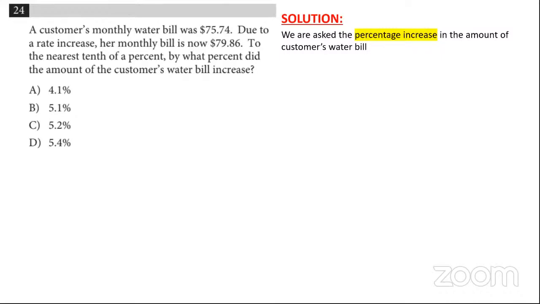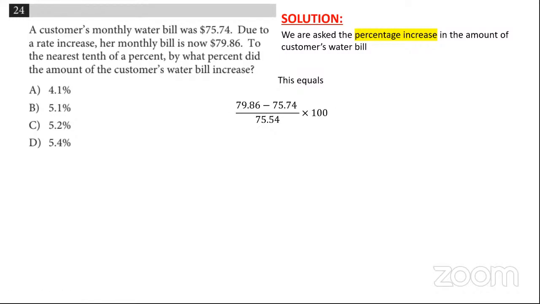Note that it is a percentage increase, not the absolute increase. So what will be the percentage increase? It will be the difference between the two water bills divided by the initial water bill, and since it's a percentage, multiplied by 100.